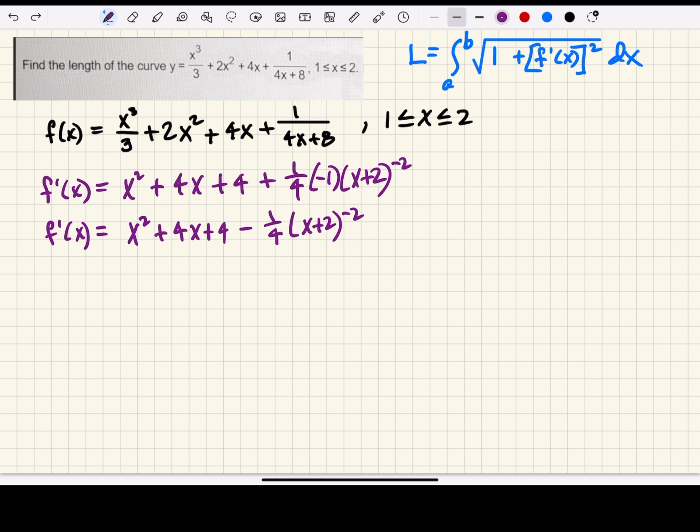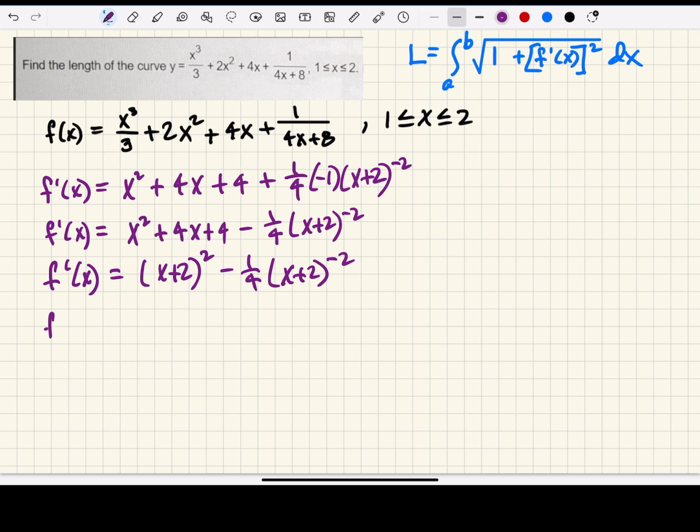Now, something we might realize is that x squared plus 4x plus 4 is a perfect square. We could factor it into x plus 2 squared. Then we have minus 1/4 x plus 2 to the negative 2. Now we realize we have two terms with a common factor.